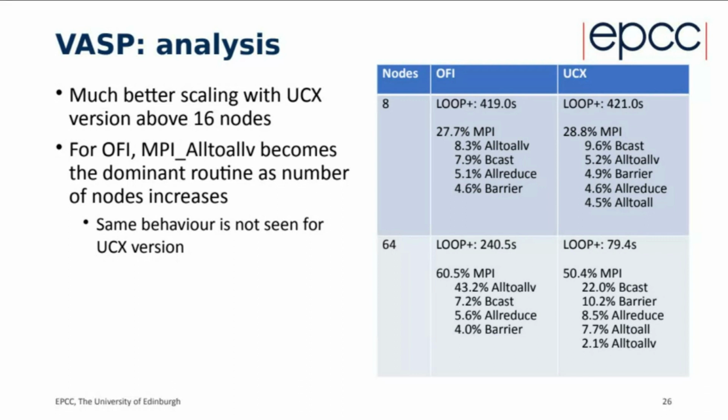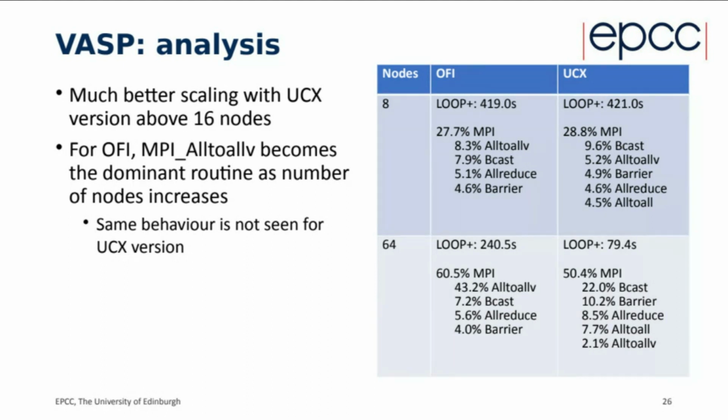I think the difference between the profiles is that, especially when we're in this regime where it's not scaling well, particularly for OFI, so much time is being taken in auto V that it's swamping the profiler a bit, right? Because the profiler decides at what threshold to show you what routines you're spending time in. With so much time in auto V, there's this huge peak of time in there, and that swamps what's available.